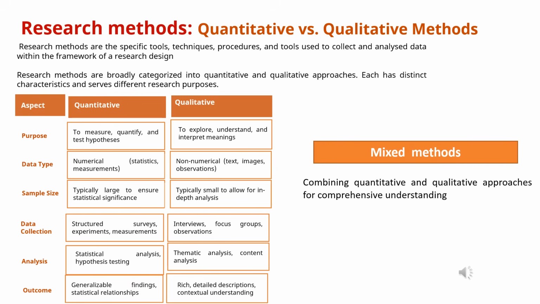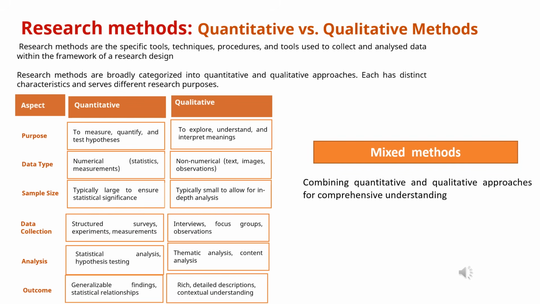Then in terms of data collection, here you use structured surveys, experiments, and measurements. Then type of analysis, it will involve statistical analysis and hypothesis testing. Then the outcome can be generalized, or you can explain the findings based on your study population. You can also bring out the statistical relationship.